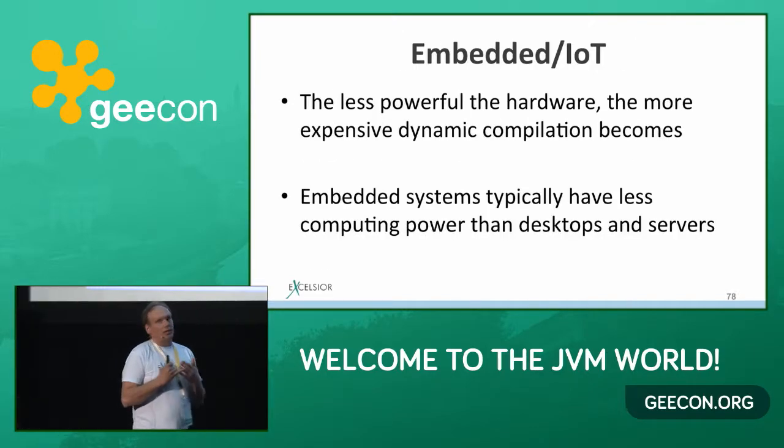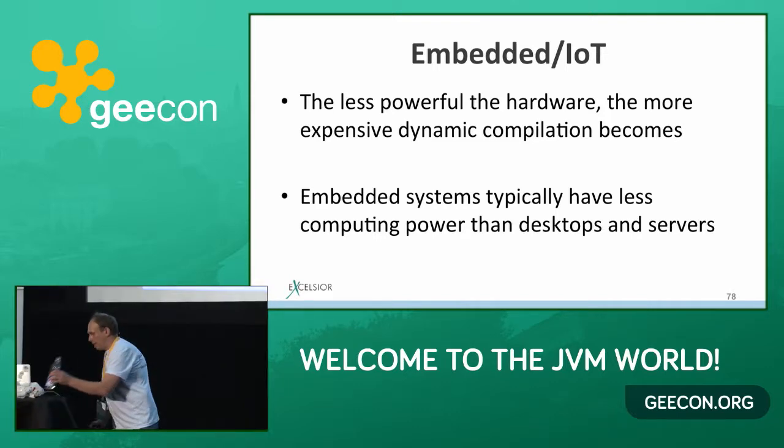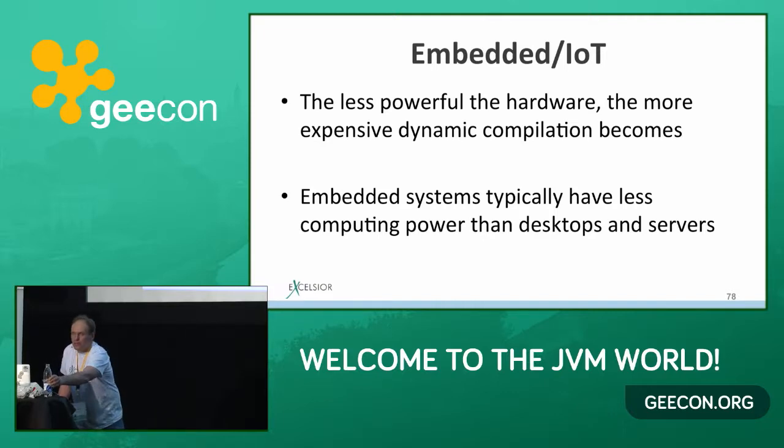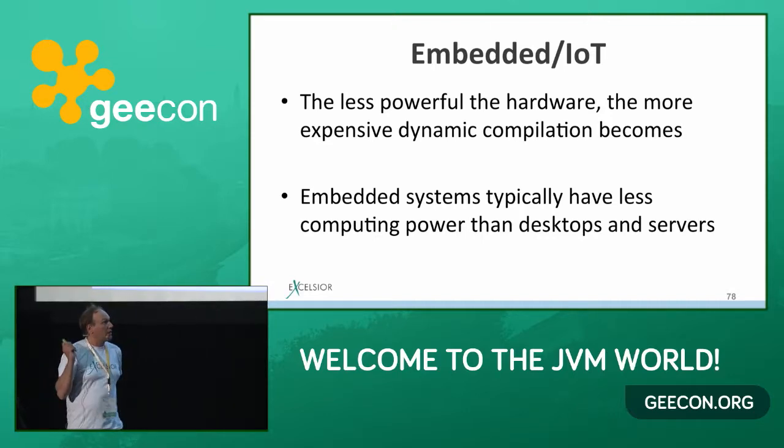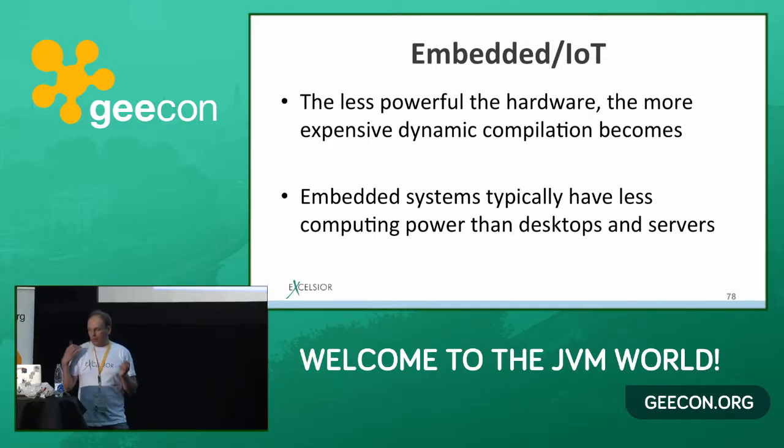Let's now take a brief look at the other side of the spectrum, embedded Java. To an outsider, it may appear as if time has stopped in the embedded world. The processors are years behind those used in today's desktops and servers, and computational resources are often scarce. Now, the weaker the hardware is, the more expensive dynamic compilation becomes.